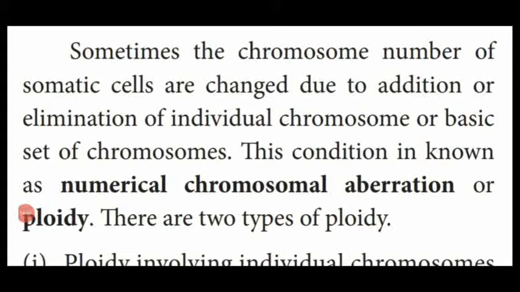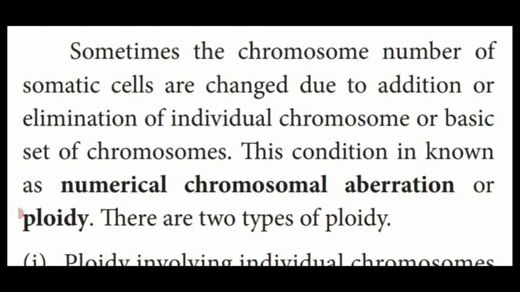Dear students, every organism has two types of chromosomes: one is the somatic chromosome, another is the sex chromosome. The chromosome number of somatic cells is sometimes changed due to the addition or elimination of individual chromosomes or basic sets of chromosomes.